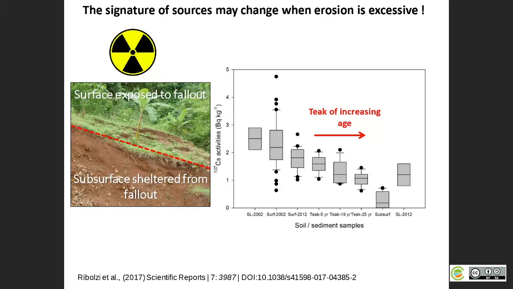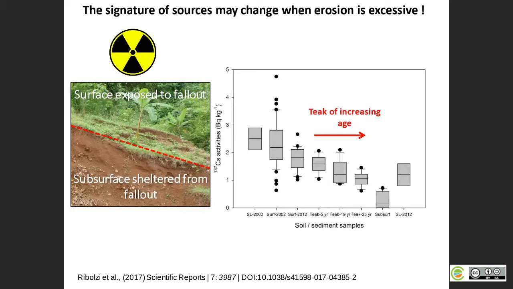And if you collect soil under teak plantations of increasing ages, you can even quantify the decrease in cesium concentration in the soil below the teaks, just because erosion is so massive that all the soil is being eroded and transferred downstream.